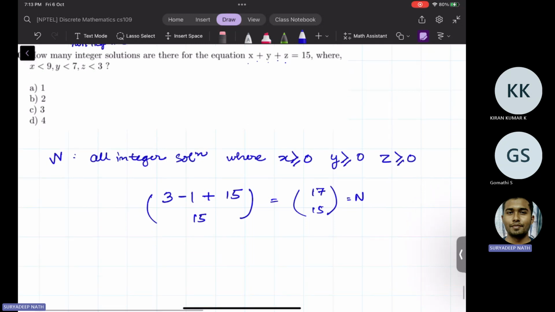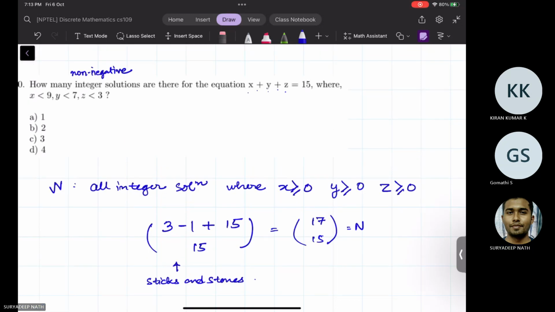So this is from the sticks and stones example. We have, let's say, 15 stones, and these plus signs are the sticks that we'll have to place. So in total there are 15 plus 2 plus signs.